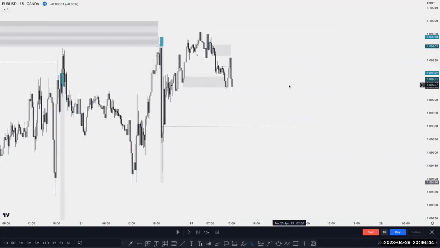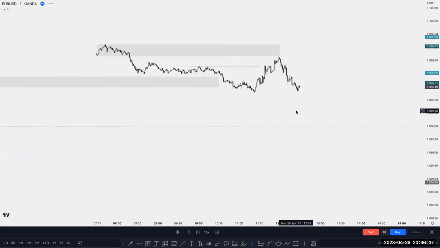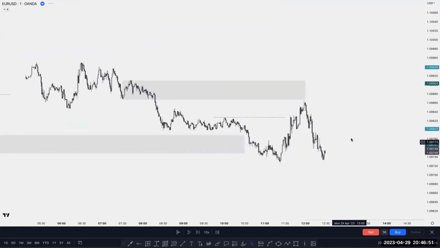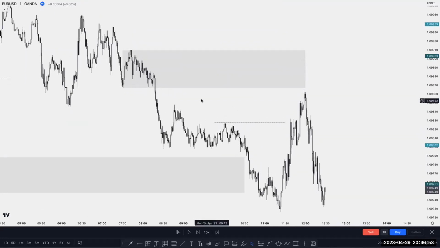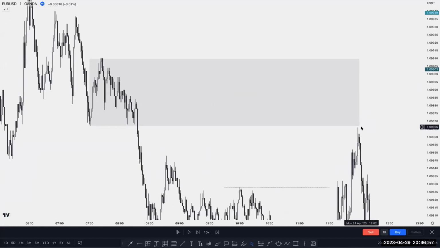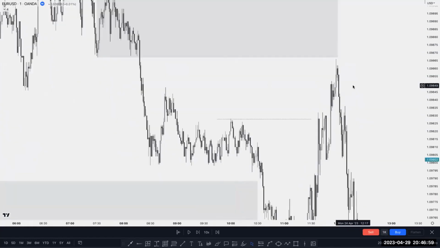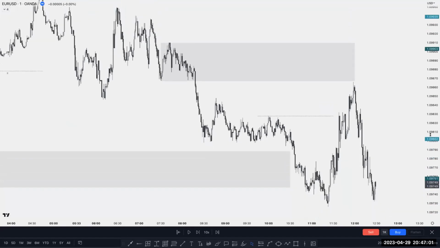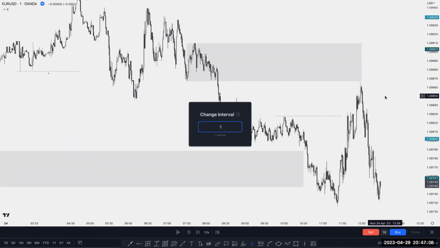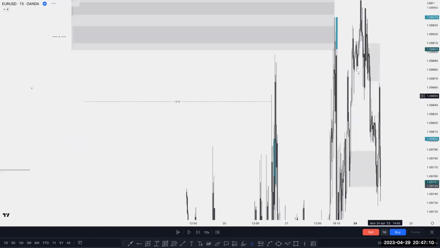Okay, and you have to switch here to the 1 minute time frame to see exactly if there is any possible scenario here. I think this one is not mitigated here. Let me check here. Yes, sir. This is not mitigated here. Okay, so that's why this is not a very high probability if market taps here or market creates a 15-minute single candle order block here. So let's see.